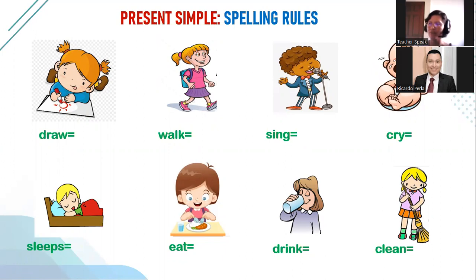So I was saying, on the second set of verbs, we have draw. What would you add to the word draw? Only S. Okay. Walk. Only S. Sing.